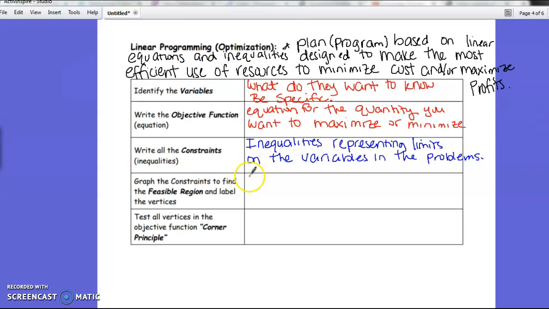All right, so we're going to graph the constraints to find the feasible region. It's a set of points that satisfy all constraints.